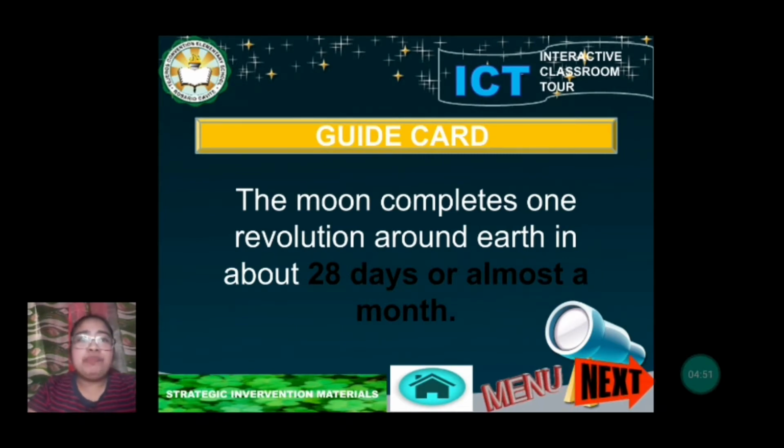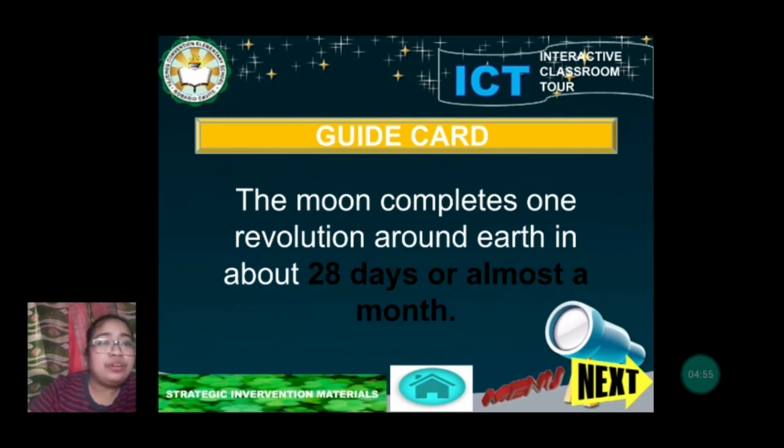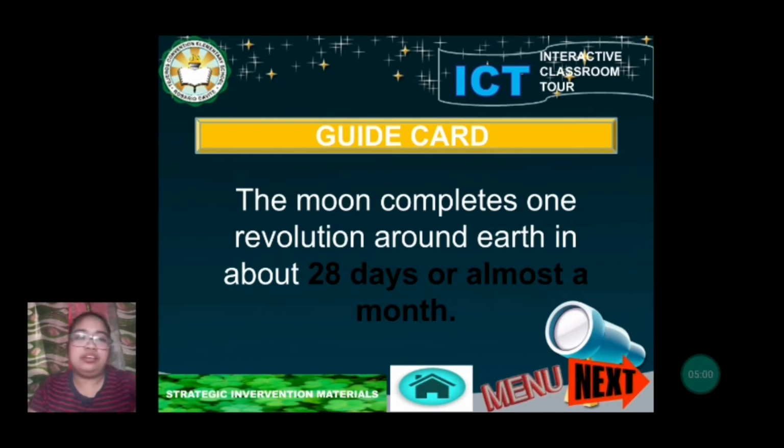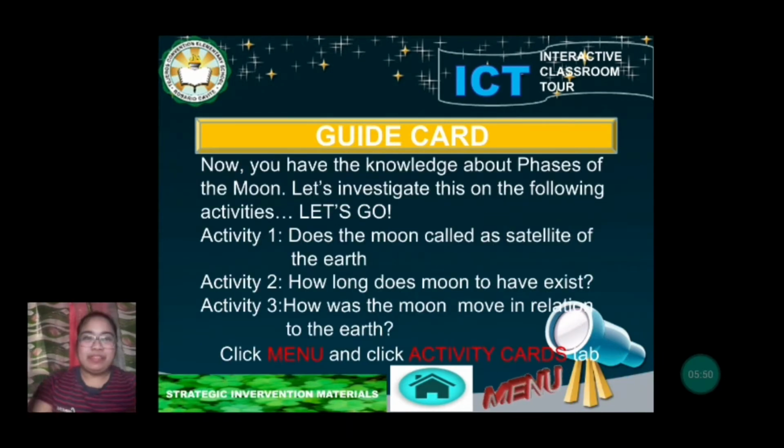The moon completes one revolution around Earth in about 28 days or almost a month. Now, you have the knowledge about the phases of the moon. Let us investigate this on the following activity.